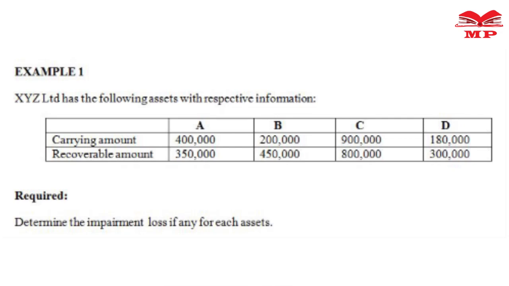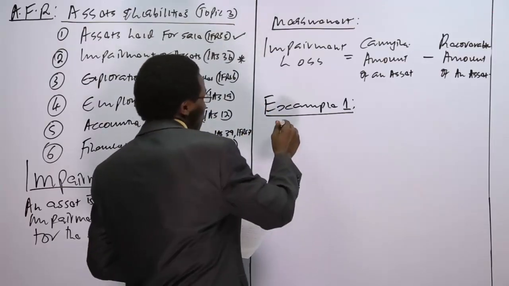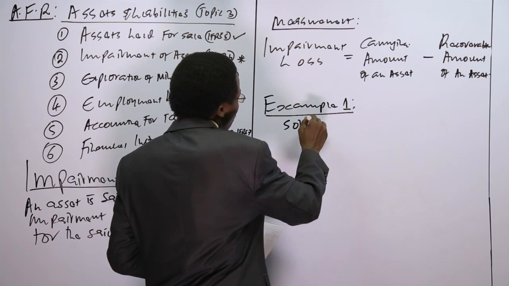We have assets A, B, C, and D, with carrying amounts and recoverable amounts. Required: determine the impairment loss, if any, for each asset. Simple. Let's see whether there is an impairment loss so that we understand when we have one.